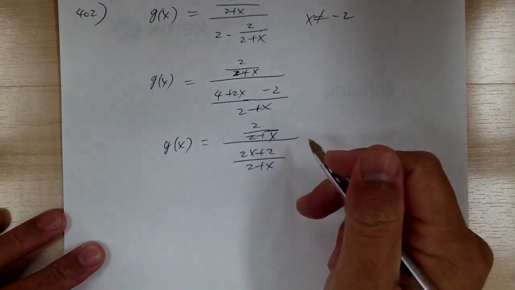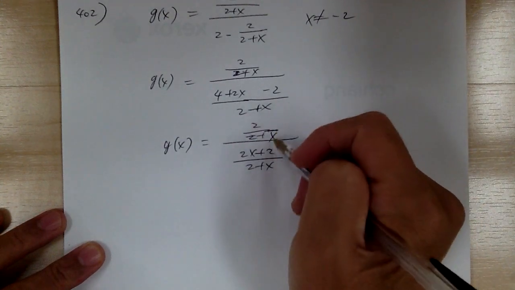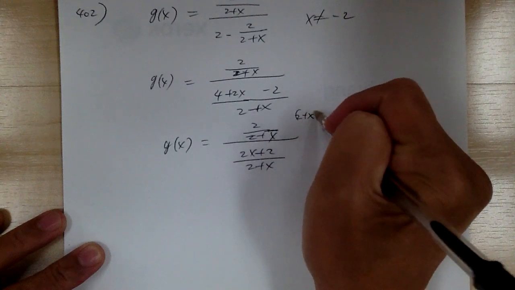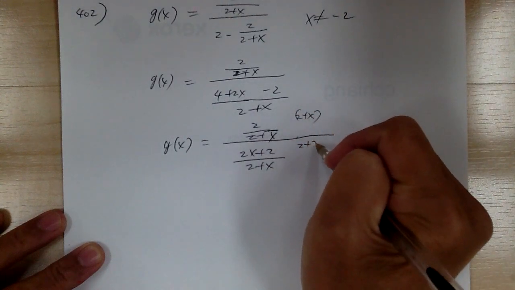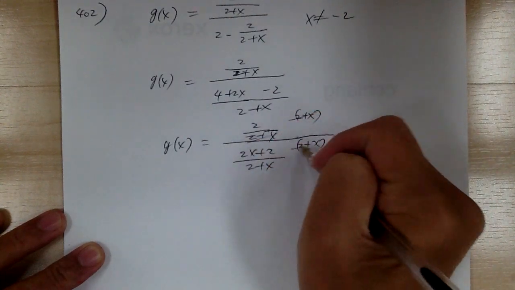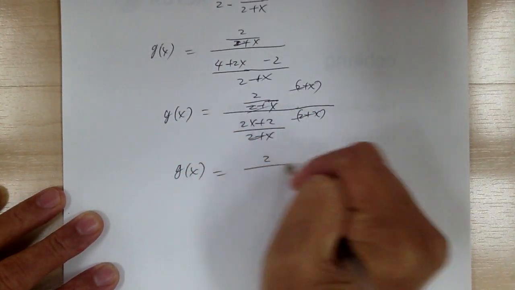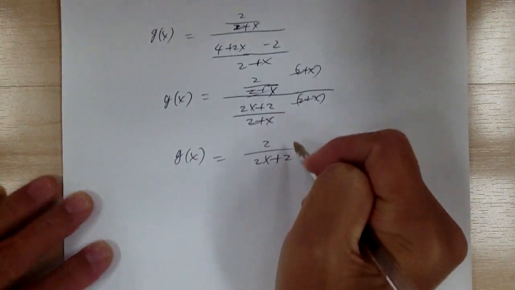Okay, now you have a complex fraction, so multiply both the top and the bottom by 2 plus x so that it cancels with the denominator. So g of x becomes 2 over 2x plus 2.